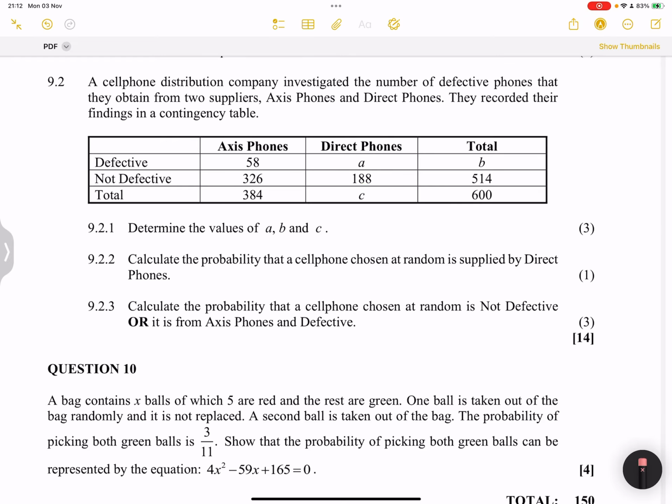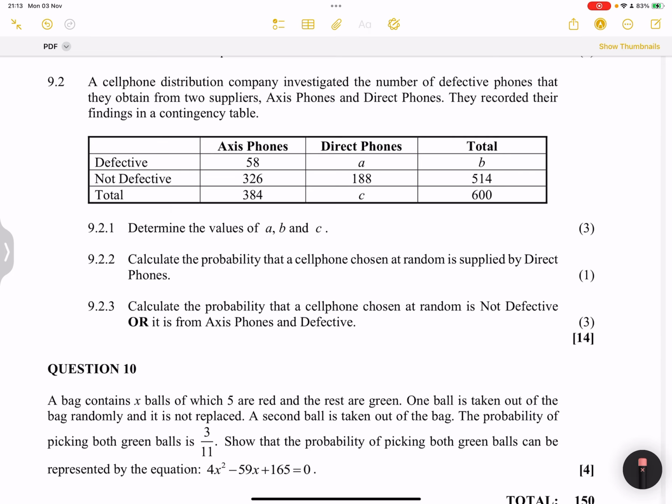Here you are getting the total number of defective phones, and here not defective phones. Whether you take the total horizontally or vertically, you still arrive at the total number over there, which is 600. So they say to us, determine the values of A, B, and C.